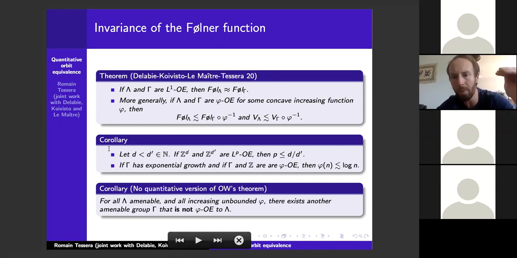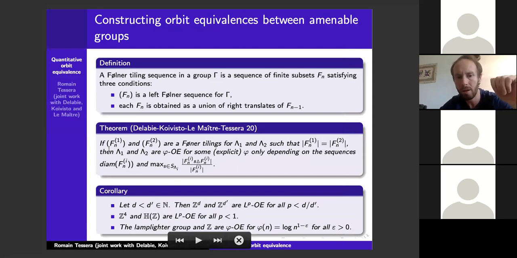So if we put an upper bound, it means that you cannot do better than that. On the other hand, with this Følner tilings thing, we can find a formula that is almost sharp for a whole family of groups. We can produce examples for which phi is almost the inverse function. I mean, it's an iterated logarithm, basically, and we know that it is almost sharp.